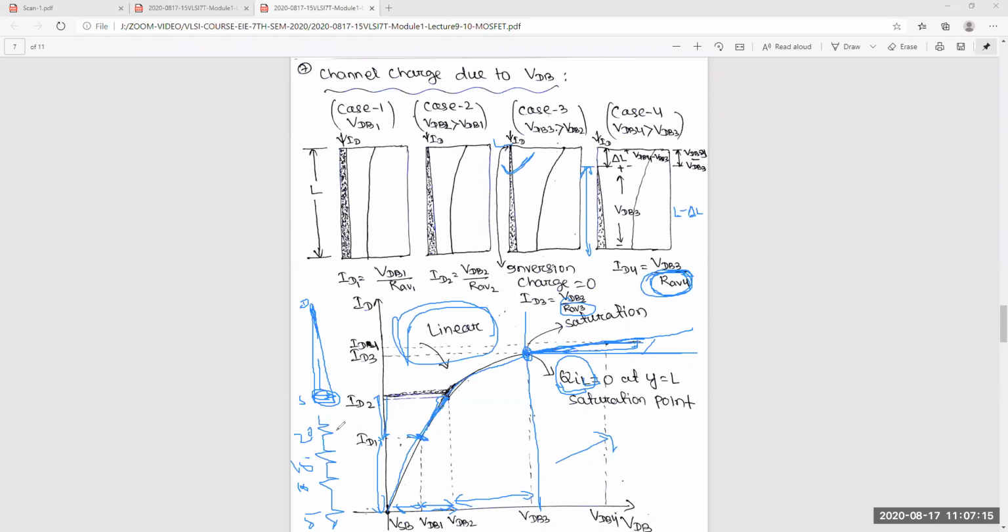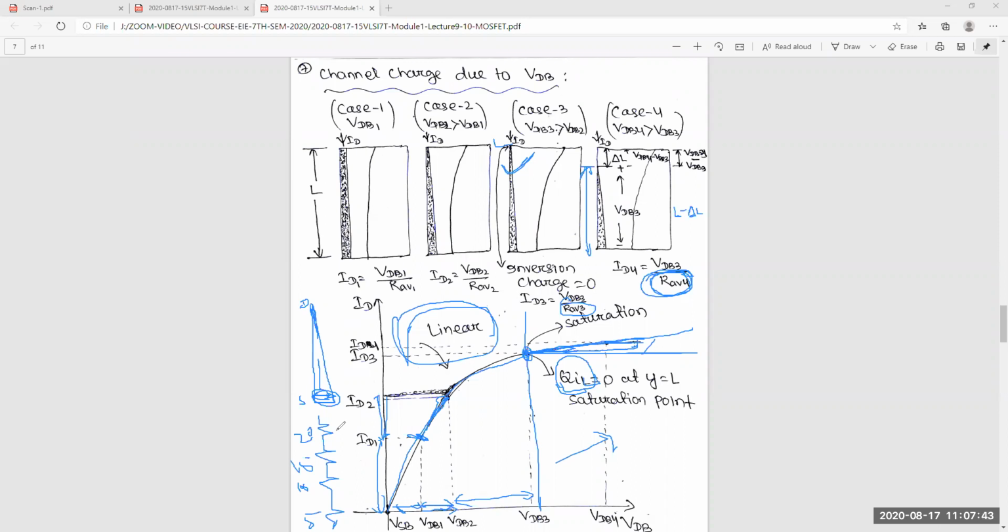Are you getting, Parthita? Sir, but the density of the electrons is also increasing if the channel is decreasing. So if the density increases, then the resistance should also increase. No, density is inversely proportional. Now where does the density increase, source side or drain side?